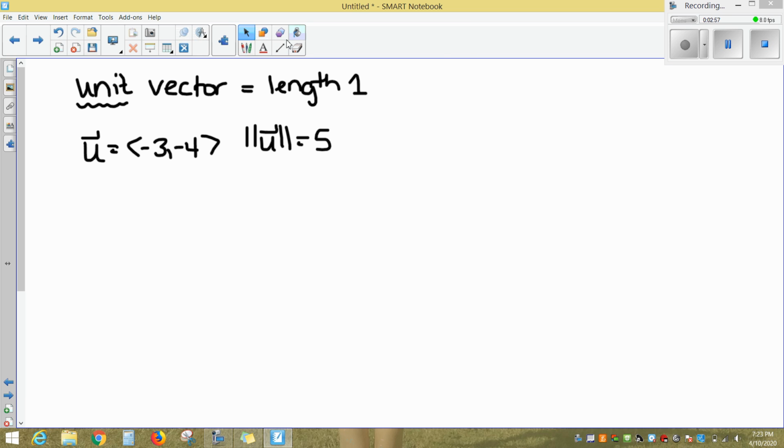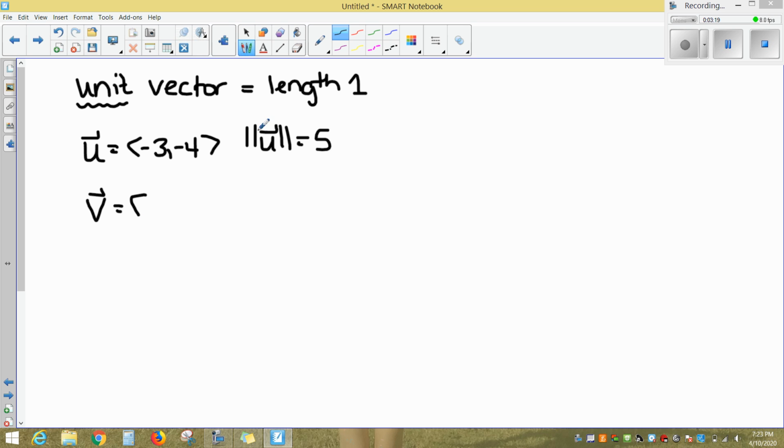What we do is take this vector of length 5, keep it pointed in the same direction, but divide it by 5, and then we will have a unit vector pointing in that same direction.